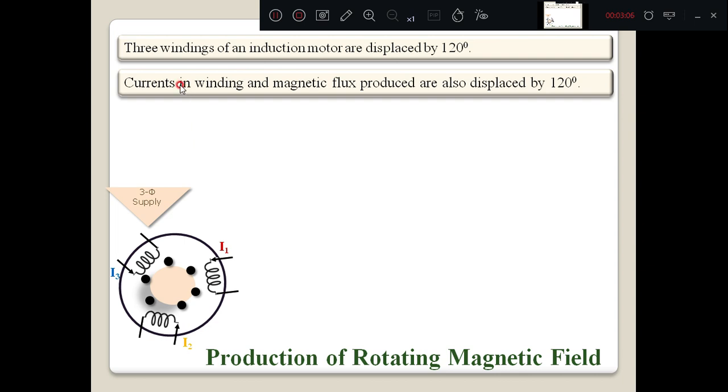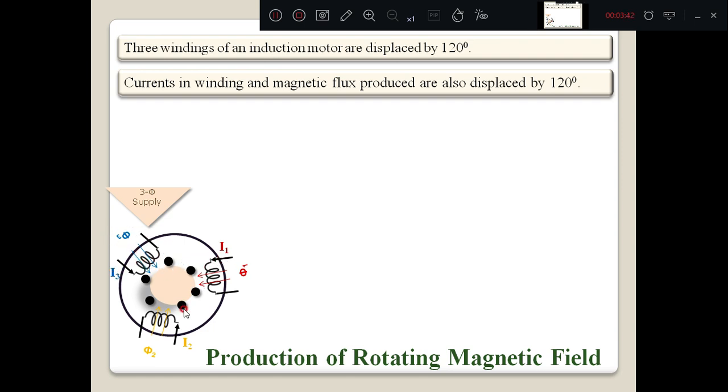That is, the current in a winding and the magnetic flux produced are also displaced by 120 degrees. We know that all these three windings are displaced by 120 degrees. The currents I1, I2 and I3 are also displaced from each other by 120 degrees. Then the flux produced by I1, I2, I3 is also displaced by 120 degrees. Therefore, the flux phi1 is produced because of the current I1, the flux phi2 is produced by I2 and the flux phi3 is produced by I3.